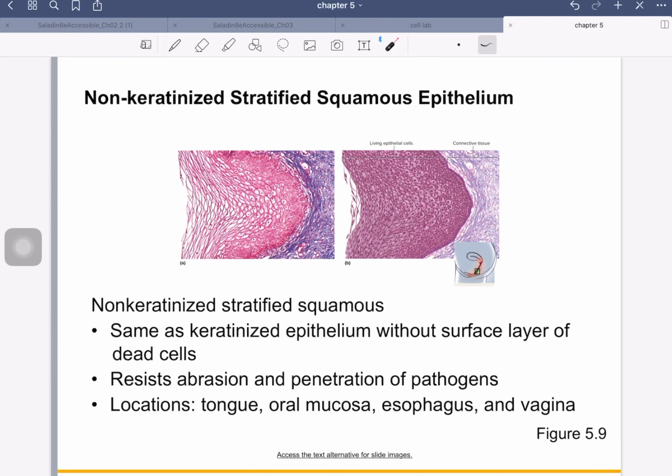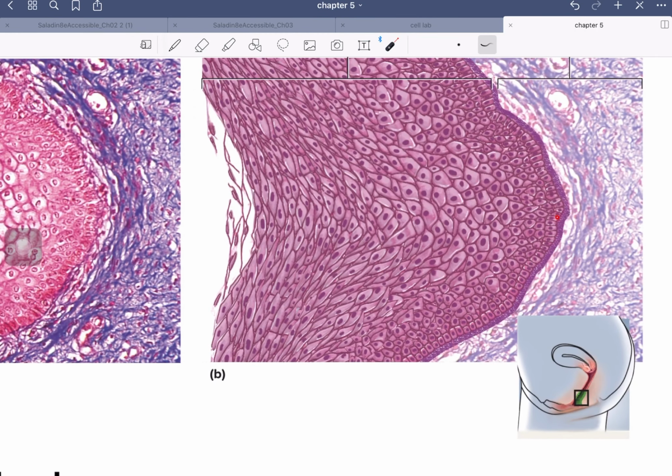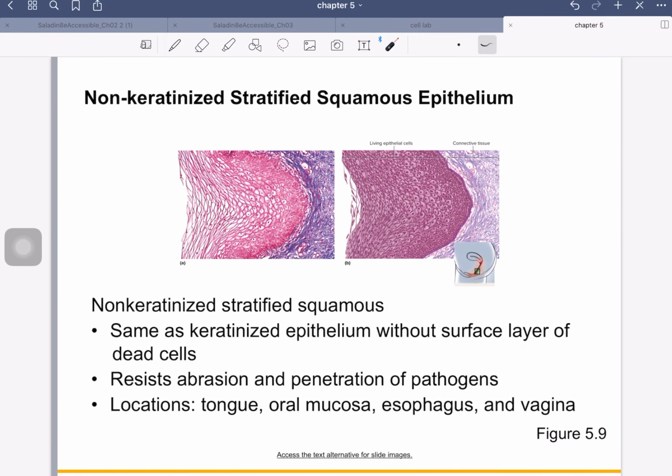Non-keratinized, once again, is a stratified squamous epithelium, so it's a number of layers thick. You can see that the cells down here are a different shape than the ones up here. It's similar to the keratinized epithelium, but the surface layer cells are not dead like we saw with the keratinized one.